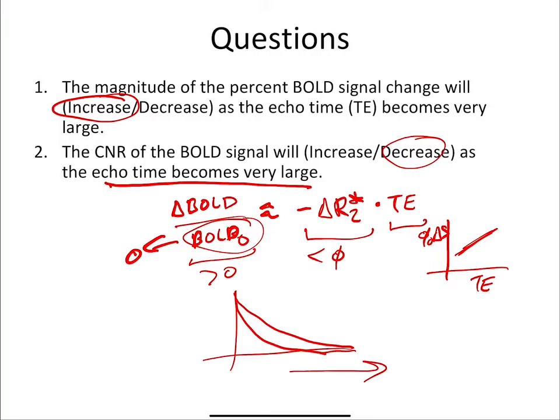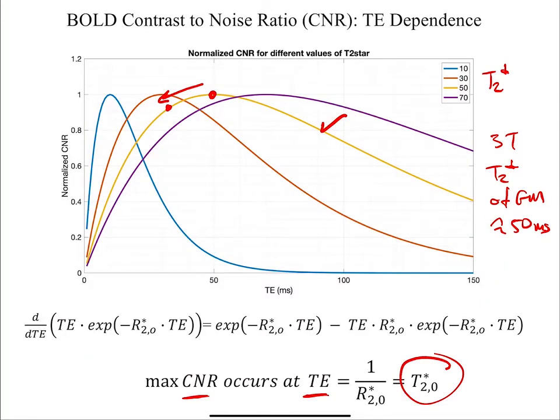So there's no difference. There's no contrast to noise ratio. Okay, and so the contrast to noise ratio for fMRI always looks like these curves here, where it goes up, has a peak, and then decays away. So there's going to be some optimal echo time, and it's fairly flat, but if you go too far out, it's going to go to 0.